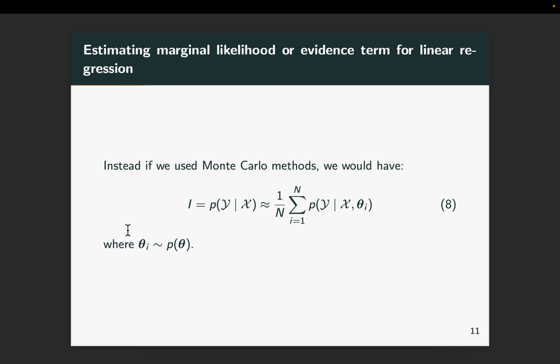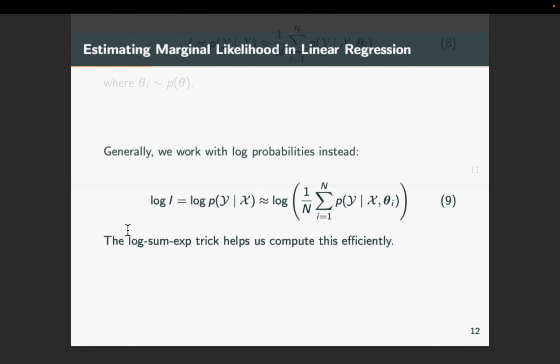Instead of computing I, let me try and compute log of I, right. So, if I have to compute log of I, can I write it as log of I equal to log of this entire thing, which is equivalent to log of 1 over n summation of p of y given x, theta I, right. So, nothing changed.